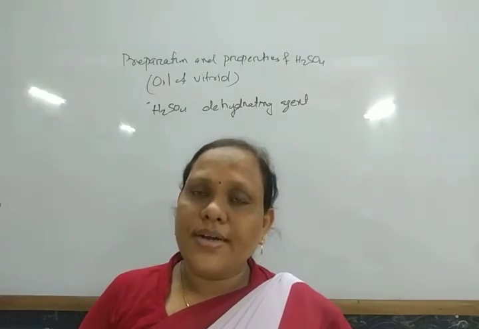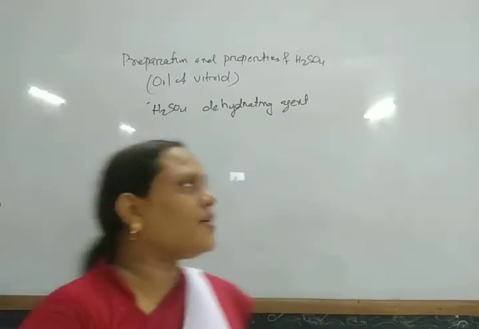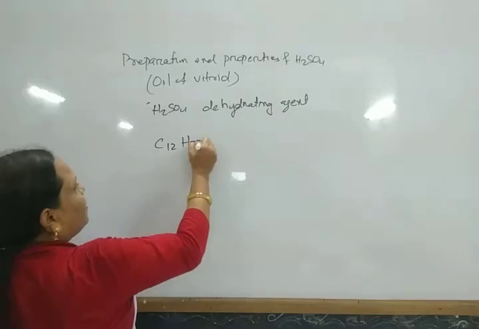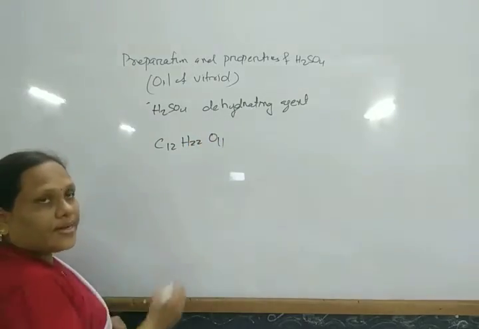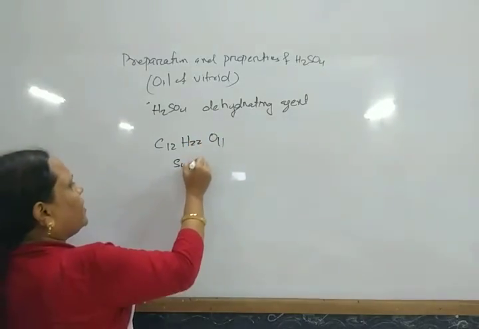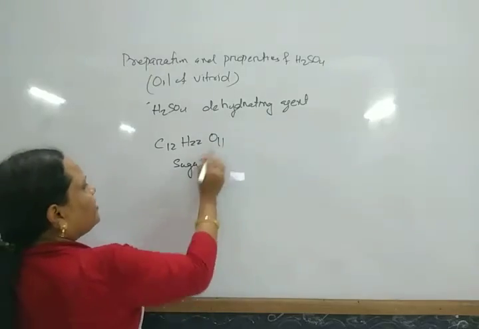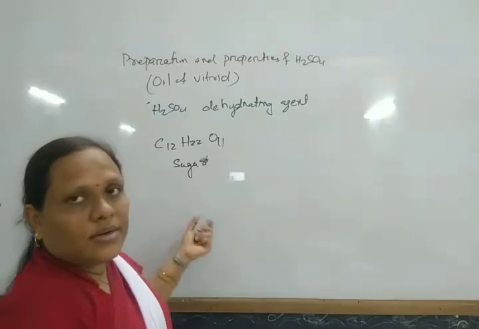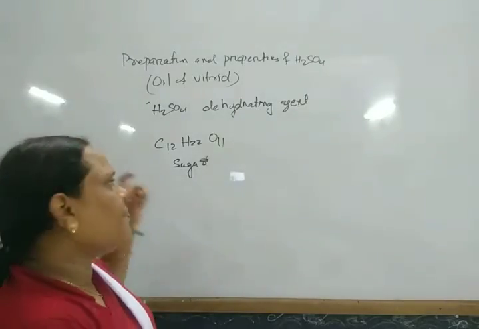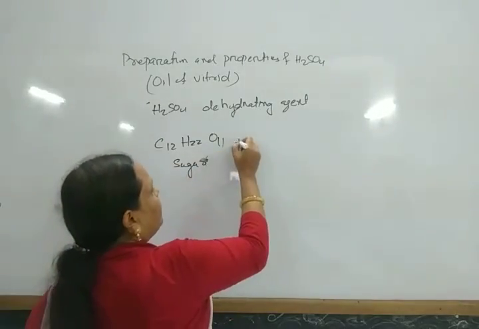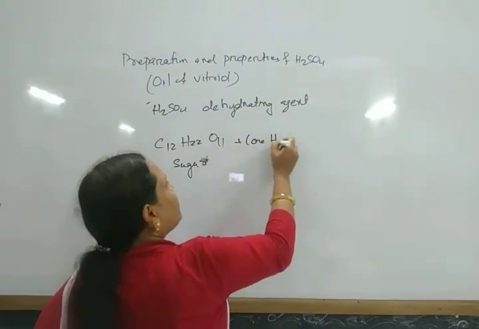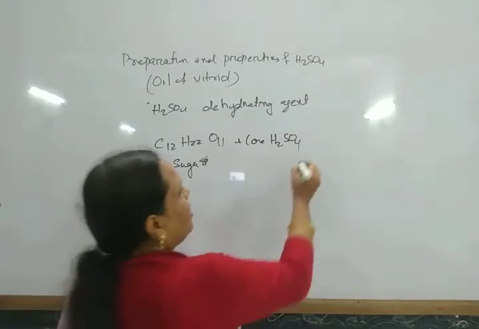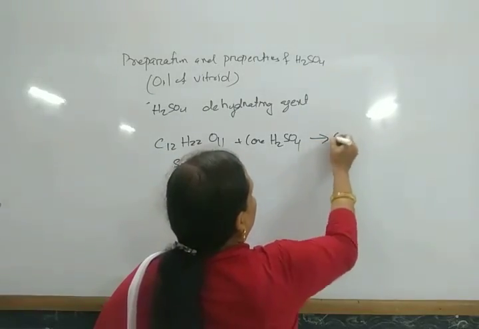So when sugar, C12H22O11, or any carbohydrate like glucose, cotton or paper, is treated with concentrated sulfuric acid, it forms a black mass, that is carbon.